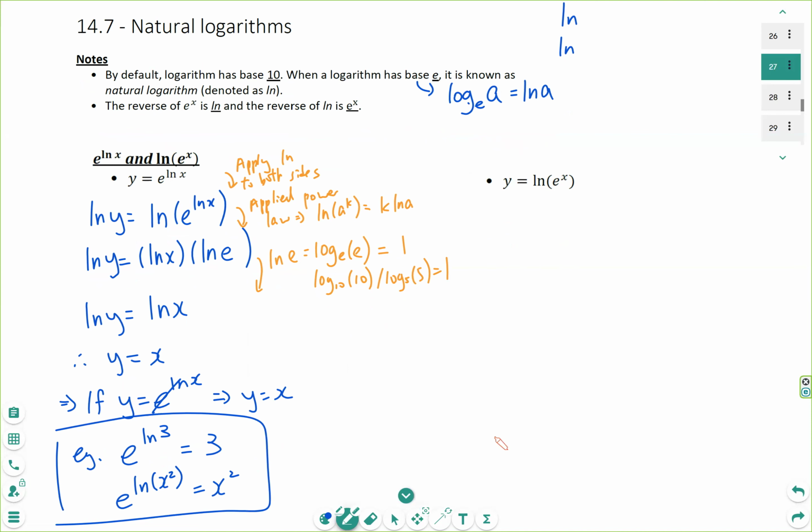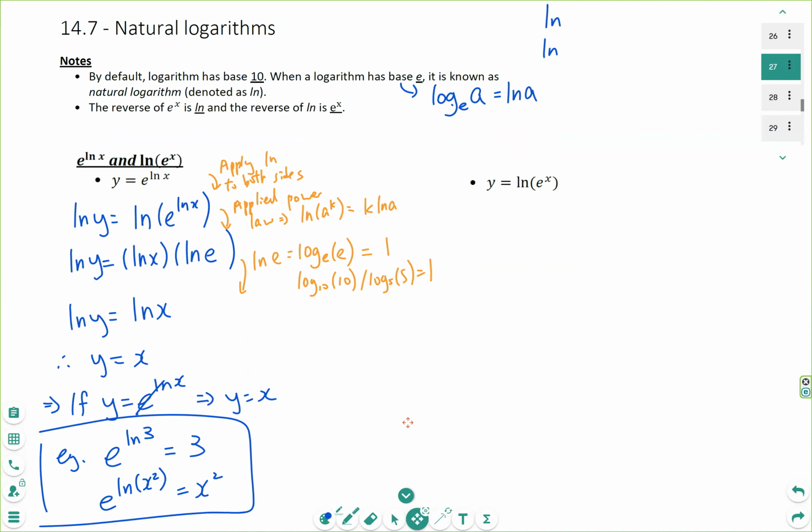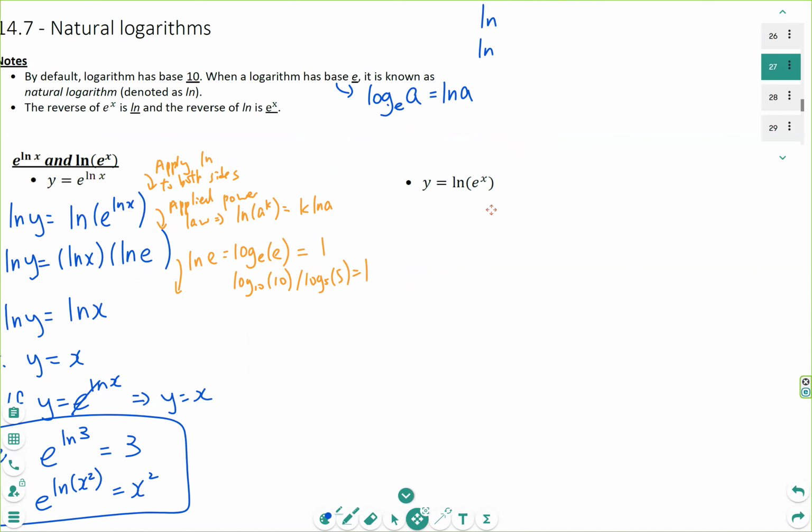Now next one, what about y equals ln e to the power of x? The first step we're going to write is to change the ln into log, so log base e of e to the power of x. There are different ways you can do this.